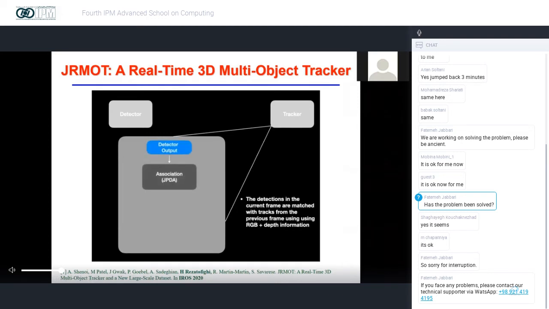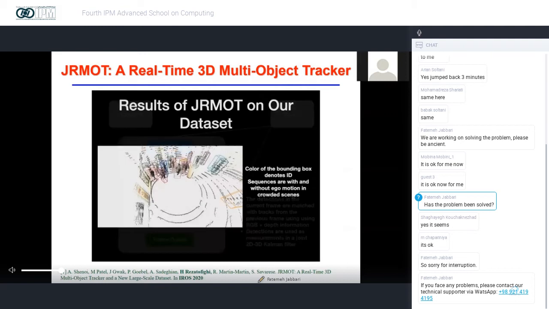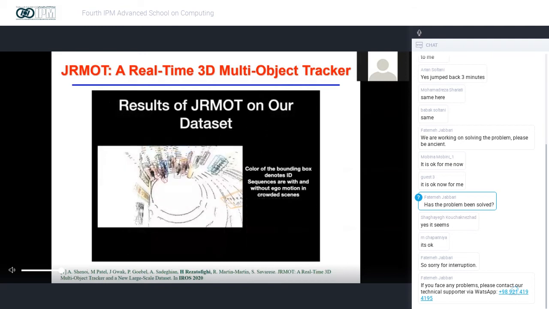But in the tracker part, when we have this 3D and 2D detection, which are associated, and this matching information all comes from deep learning, we still rely on an association technique like JPDA, and we have multimodal filtering.